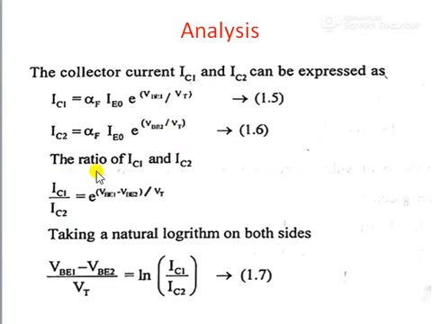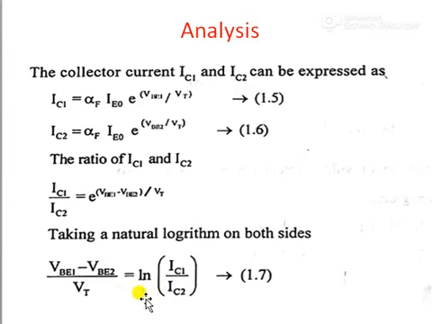Taking the ratio of IC1 and IC2, when we divide equation 1.5 by 1.6, we obtain an expression of the form e power VB1 minus VB2 divided by VT. Taking natural logarithm on both sides, we get VB1 minus VB2 by VT equal to natural logarithm of IC1 by IC2.